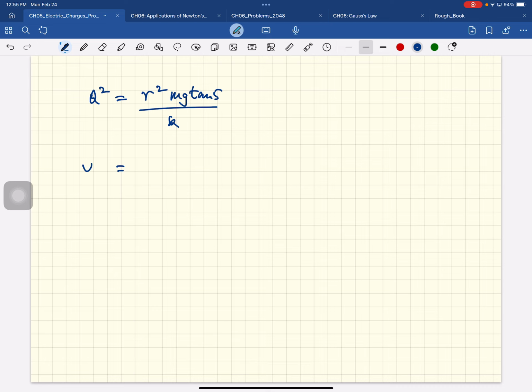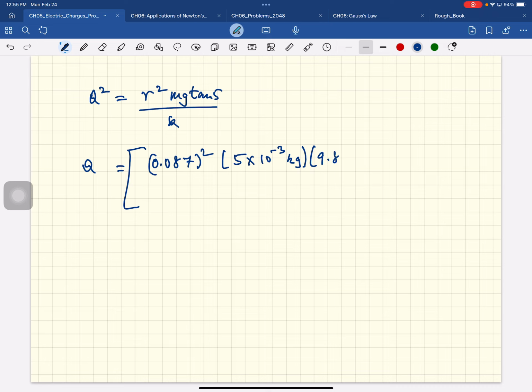So Q is 0.087 square. M was 5 grams, each sphere is 5 grams, 10 to the minus 3 kgs.